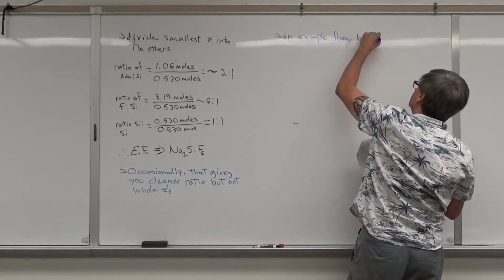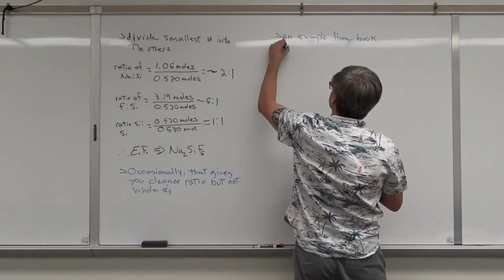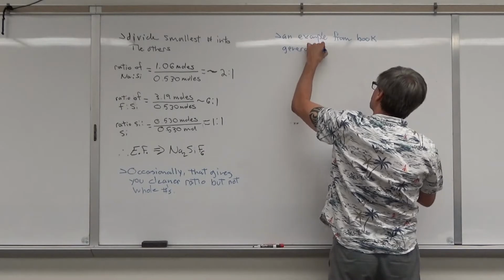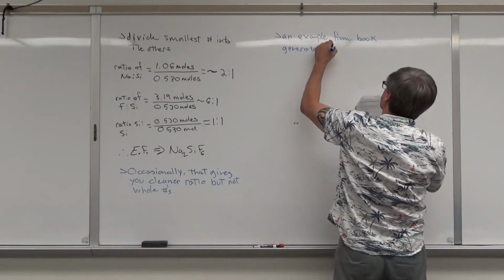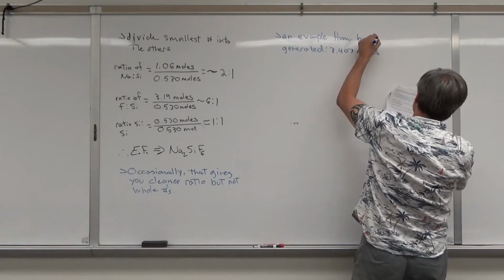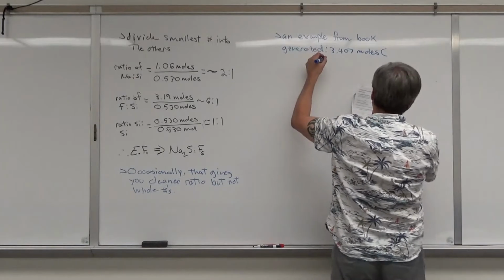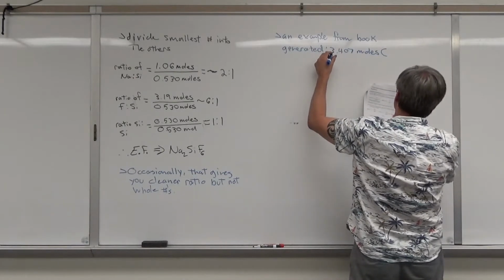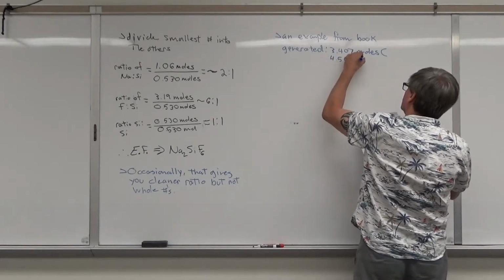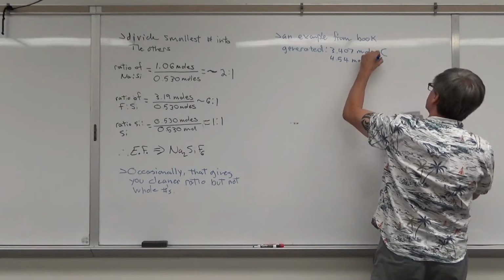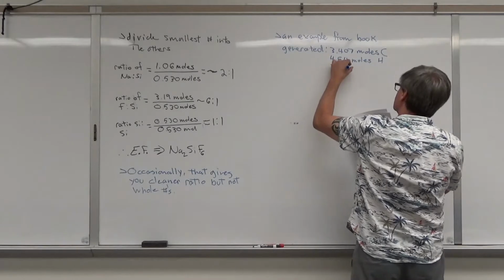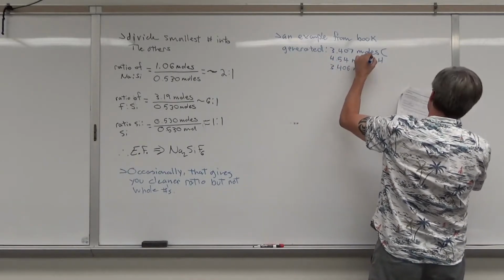From your textbook, okay, generated this molar ratio. 3.407 moles of carbon, okay, 4.54 moles of hydrogen, okay, 3.406 moles of oxygen.